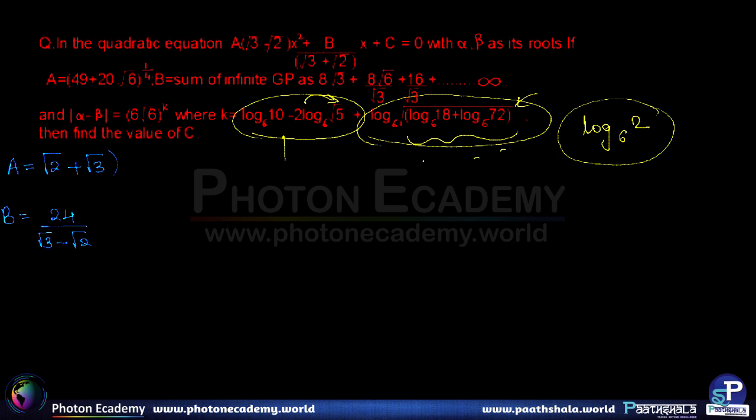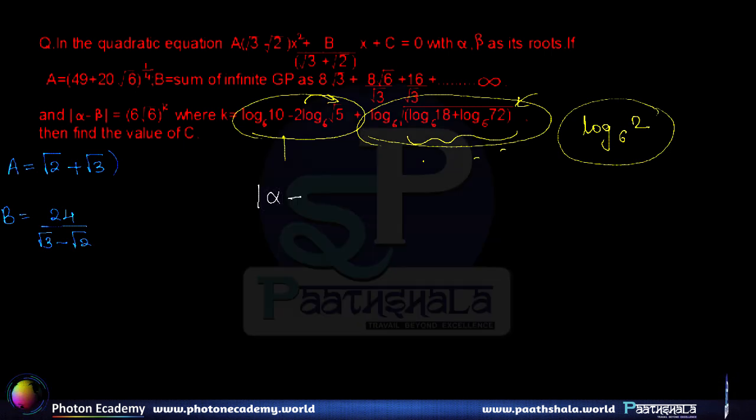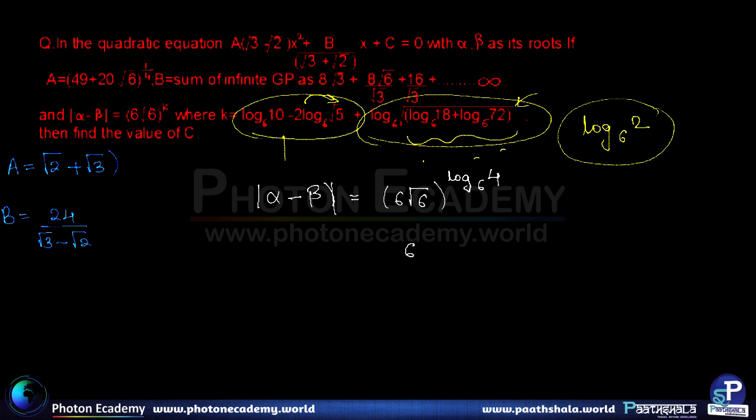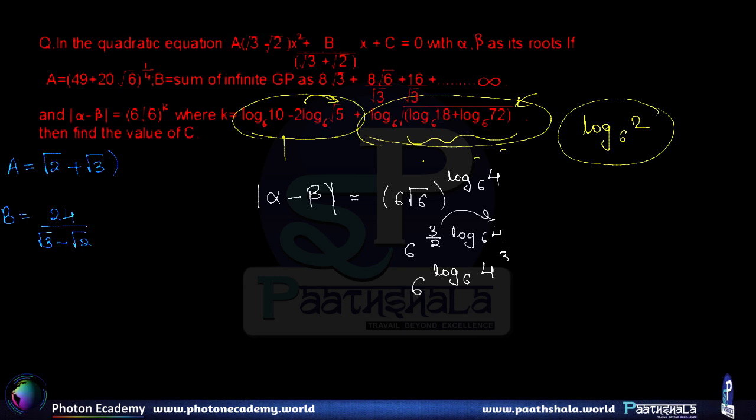Now we are given that alpha minus beta is equal to 6 root 6 raised to log 4 base 6. Okay. So 6 root 6 can basically be written as 6 raised to 3 by 2 log 4 base 6. 3 by 2 can go inside, so this will become 6 raised to log with base 6 of 4 raised to 3 by 2, and we know that this will become 4 raised to 3 by 2.